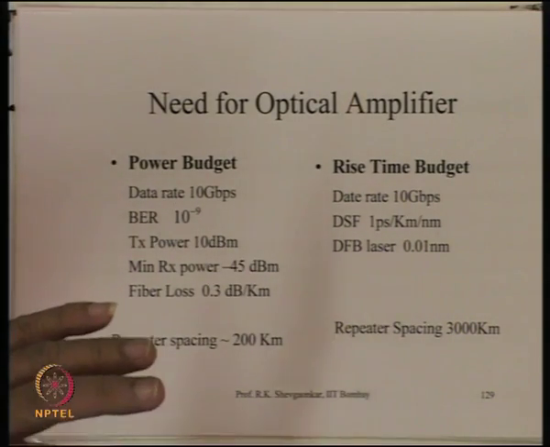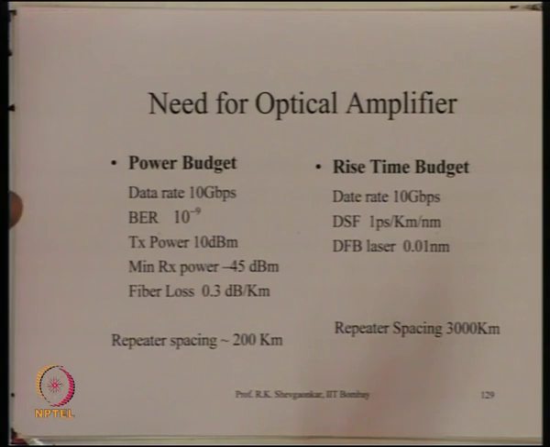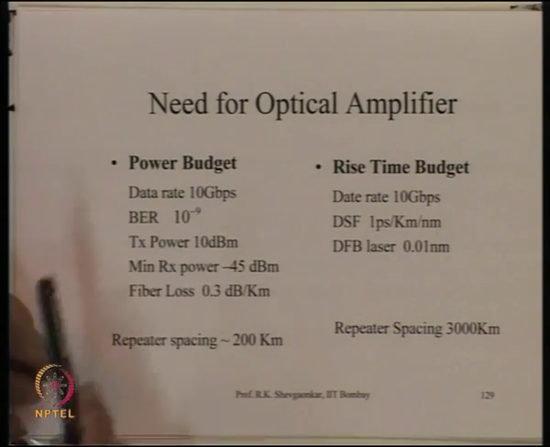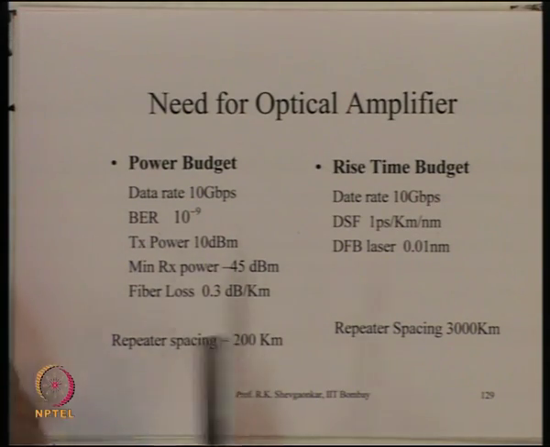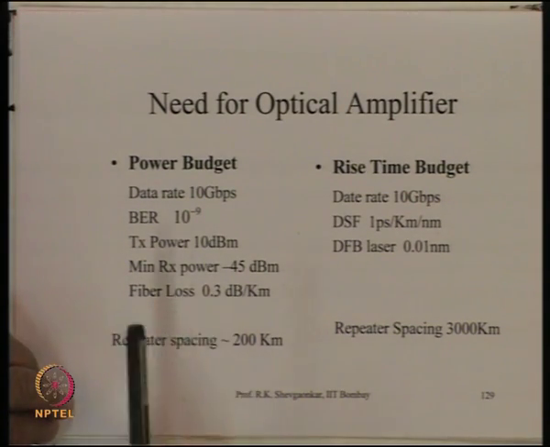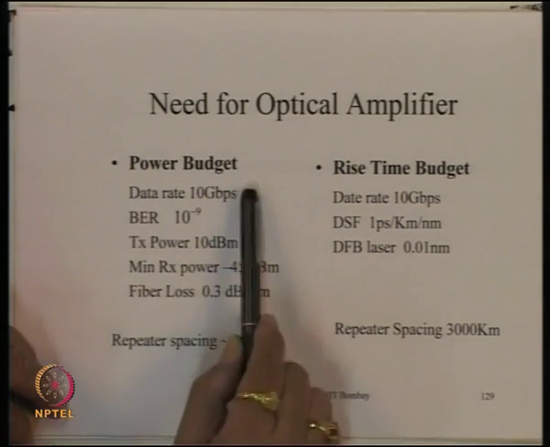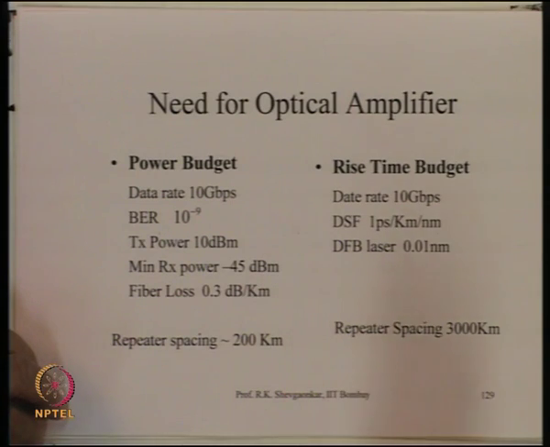Typically the power levels are about 0 dBm to plus 3 dBm, and the minimum power required for this BER is about minus 45 dBm. So, if you take a fiber loss of 0.3 dB per kilometer, then because of the power budget or because of the signal to noise ratio constraint, the repeater spacing has to be about 200 kilometers.